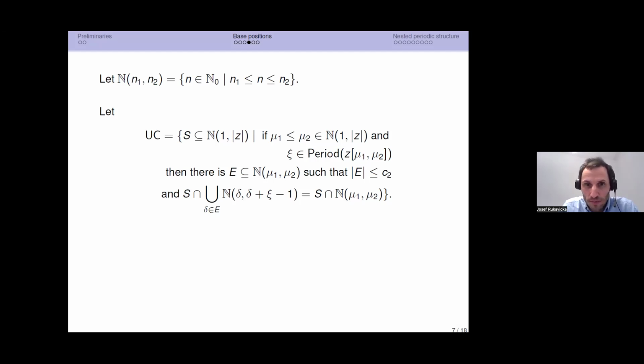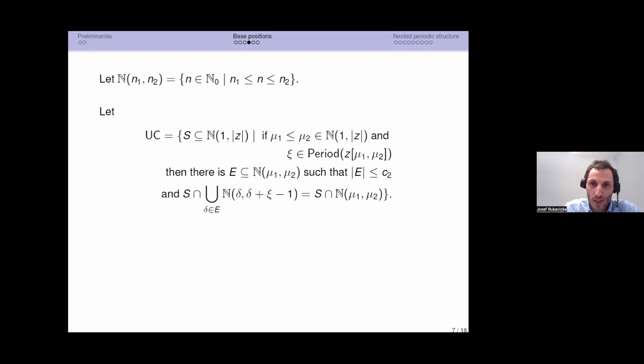Yeah, so I think the last line of the definition, maybe the explaining was a bit confusing, but as it is stated, I think it is clear. So the important message is, if I have some factor which has many periods, then for the intersection with the set S, only a small number of periods are important.